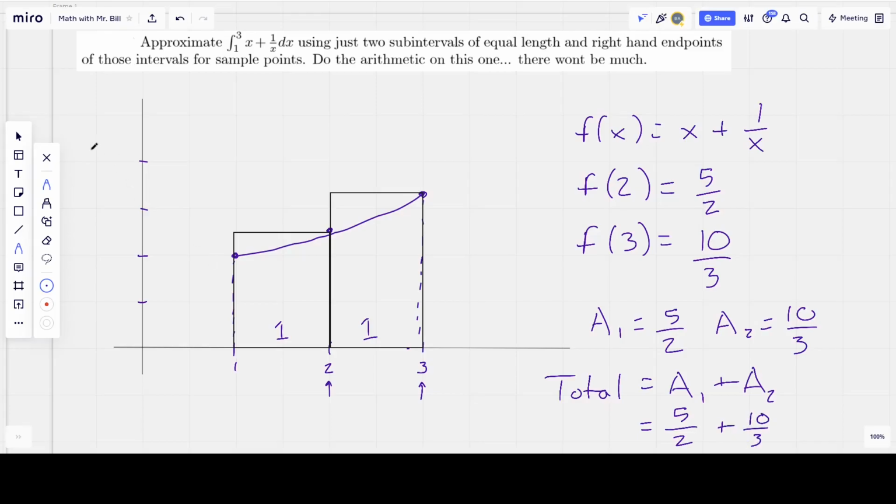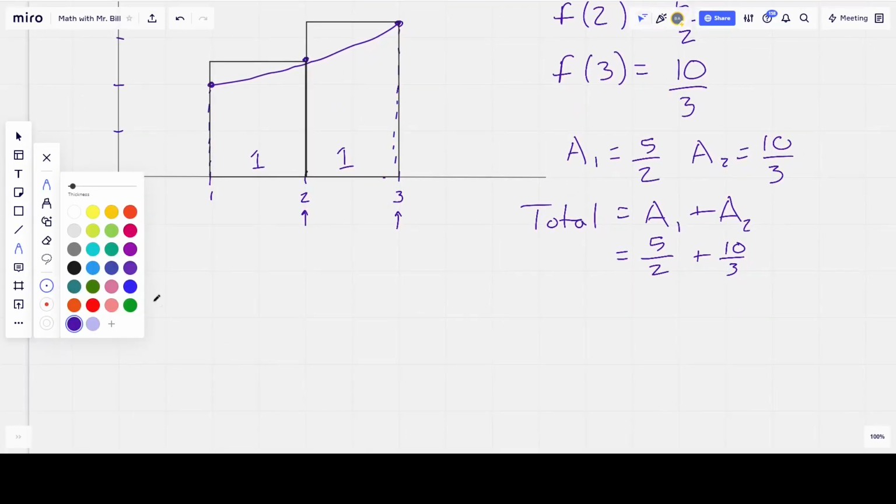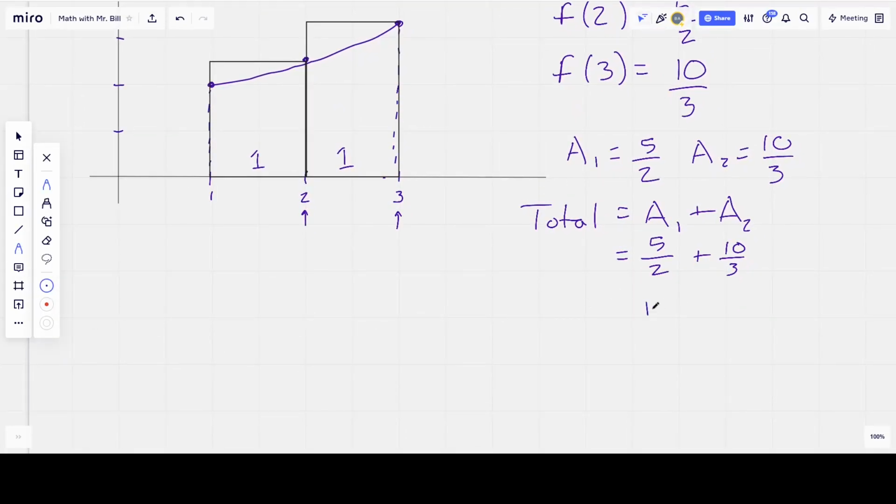And we get a common denominator of 6. So that is going to be 15/6 plus 20/6, which is 35/6. And that's it. That is your approximation. That's an overestimate for this integral, but it's at most 35/6.